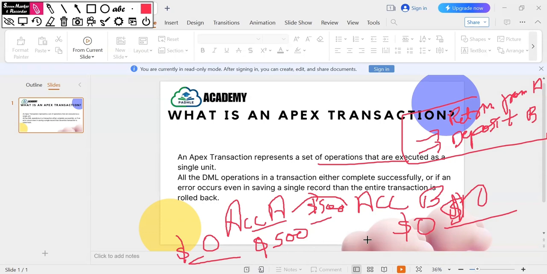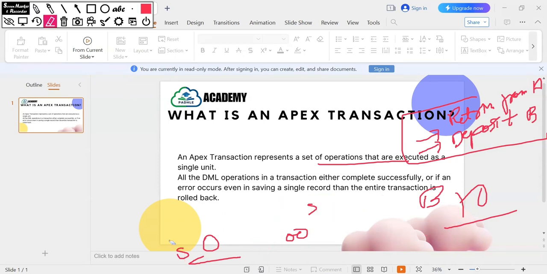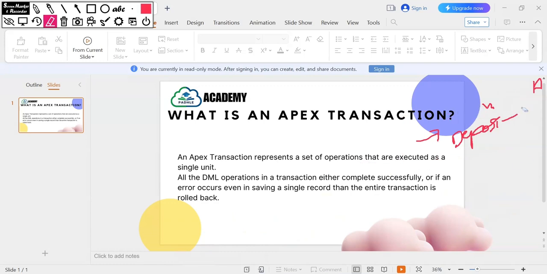So that is the purpose of a transaction. In a transaction, either all the DML operations will complete successfully, or if there is a failure or error in one of the operations, the entire transaction will be rolled back. So this is what an Apex transaction is.